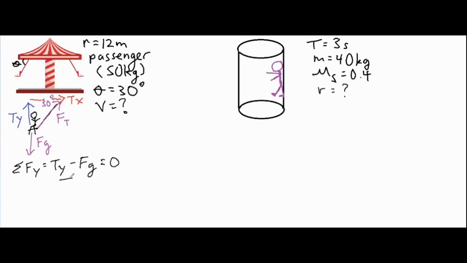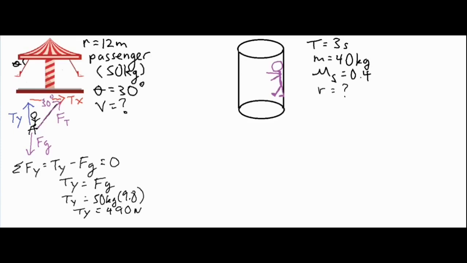So Ty basically equals Fg. That's going to be a big component in solving the problem because we know force of gravity is mass times 9.8. So if we know the mass is 50 kilograms times 9.8, then we know our Ty value. Our Ty value is going to be 490 newtons.